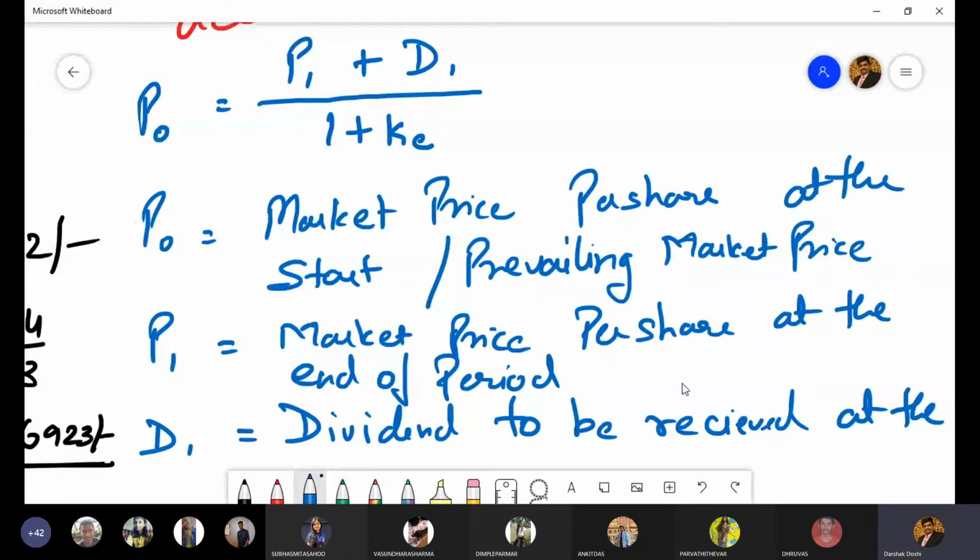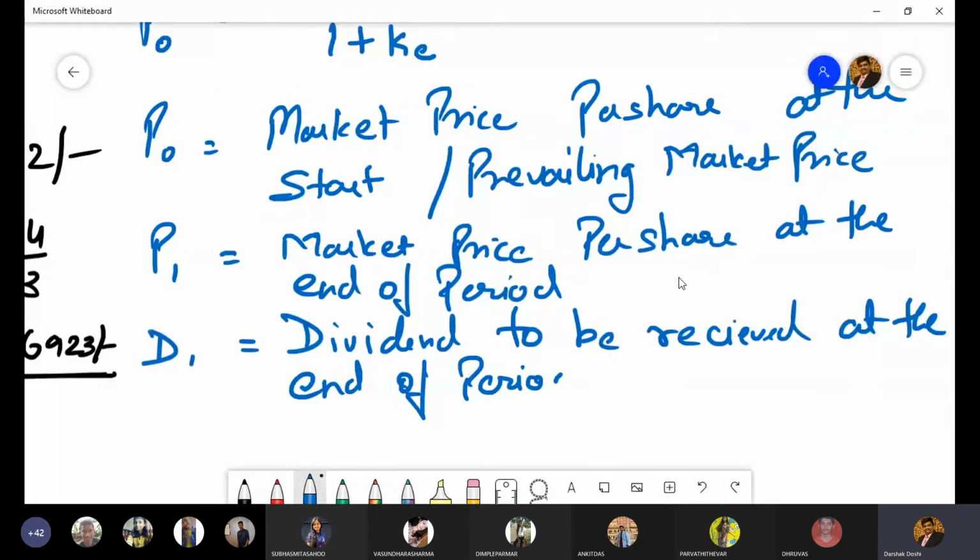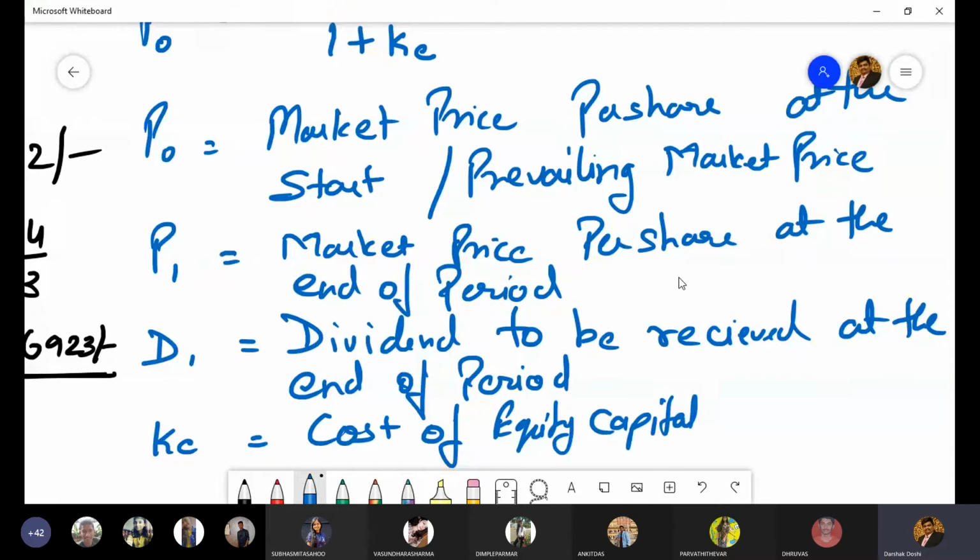And you all know Ke is the cost of equity, or opportunity cost. Please copy this down.